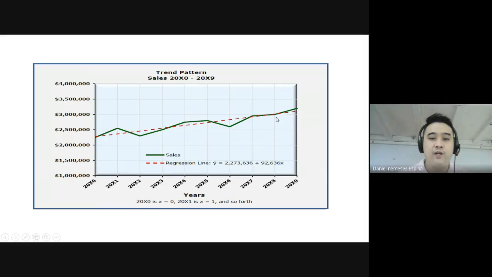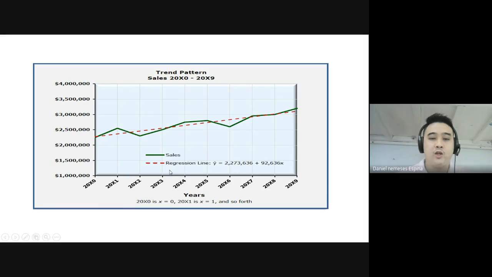There are times when it goes up and then goes down again. However, if you put a regression line, the broken line there, computed using the formula given, it shows a straight line going upward. Okay, so that's the regression line.